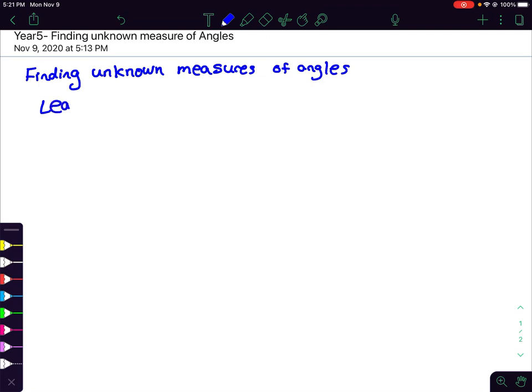So what we're going to learn is, for example, we have the line XOY, and then we want to find the angle XOP.